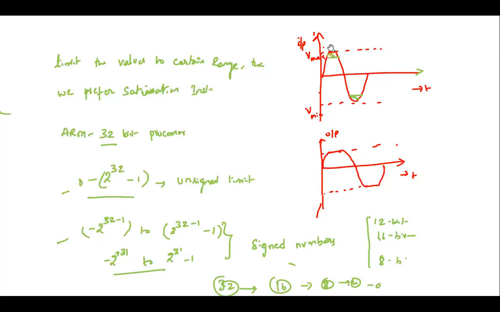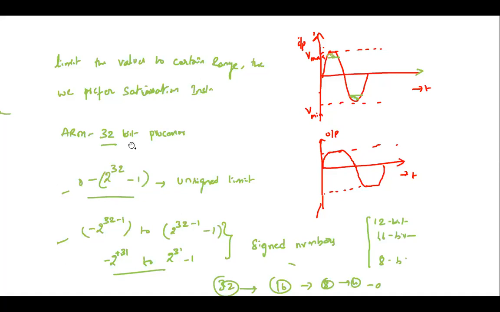Now, as I was mentioning about these limits, the positive limit and the negative limit, they should have some quantities. We will see what those quantities are here. When I have something from 0 to 2 raised to 32 minus 1, that is my unsigned limit. My unsigned limit starts from 0 and ends with 2 raised to 32 minus 1.